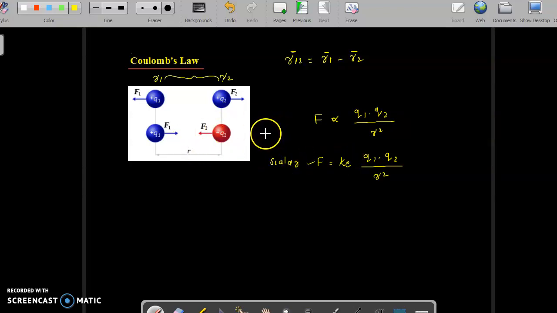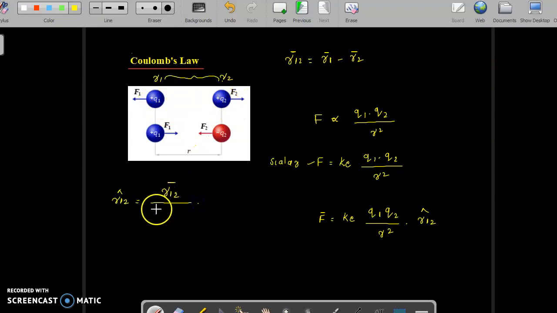If you want to express this force in vector form, then we need to multiply it with the unit vector which is acting along the force. I am taking a unit vector R12 cap. So R12 cap is vector R12, which represents the distance between Q1 and Q2 in vector form, upon the absolute value of R12.